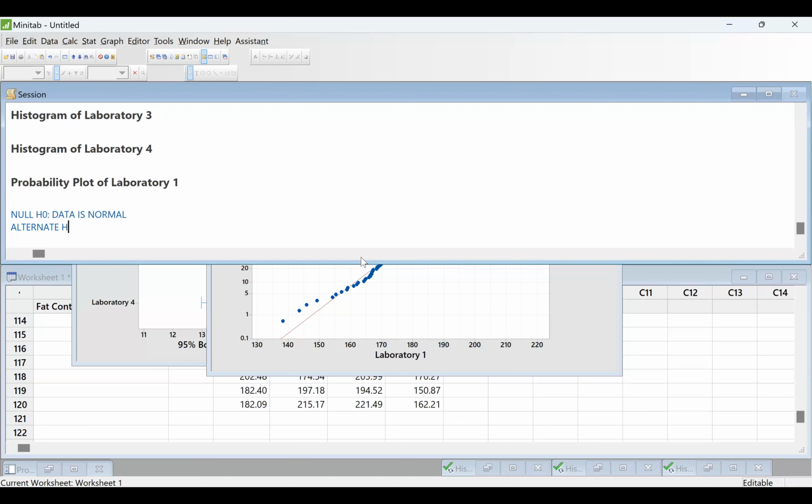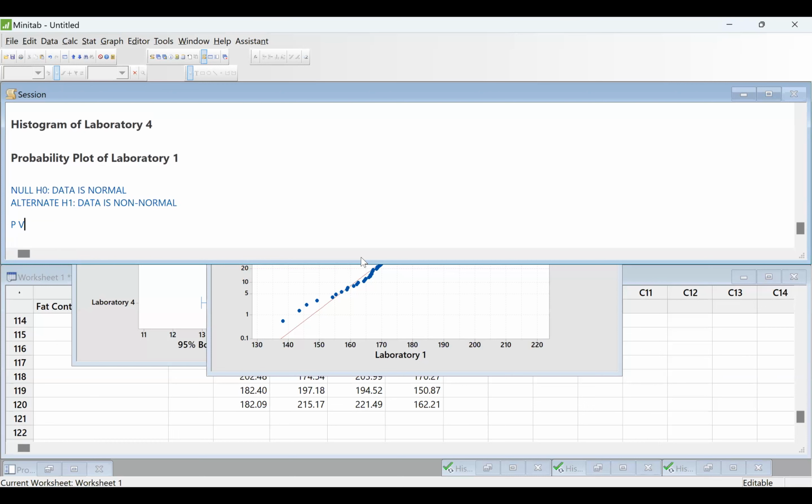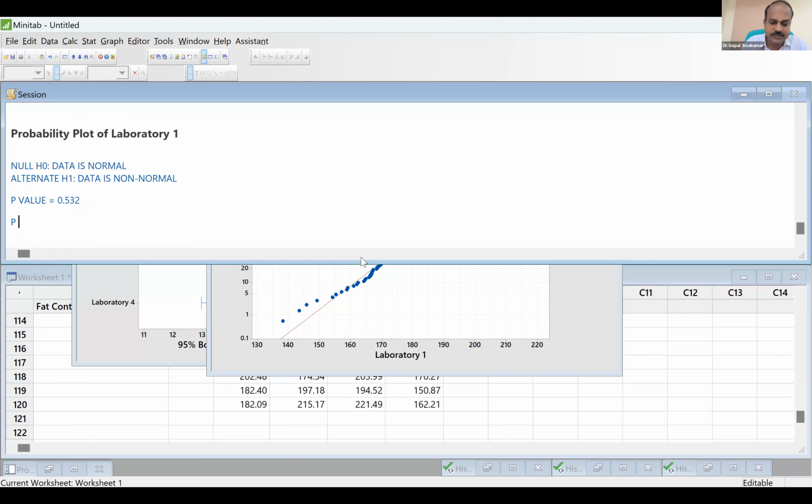Data is non-normal. And the p-value is 0.532 or something. Is the p-value less than 0.05 or more than 0.05? More than 0.05. So fail to reject null. Fail to reject null means you are not able to prove that your data is non-normal. If you cannot prove data is non-normal, what is it then?